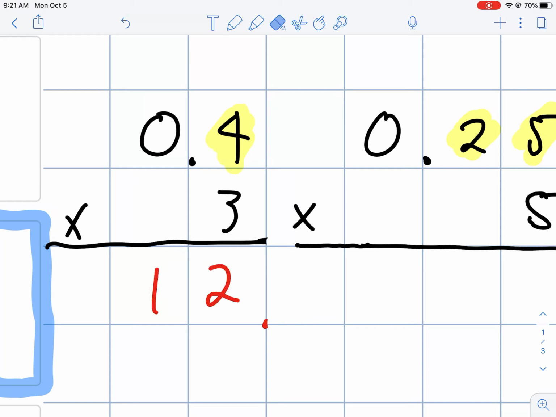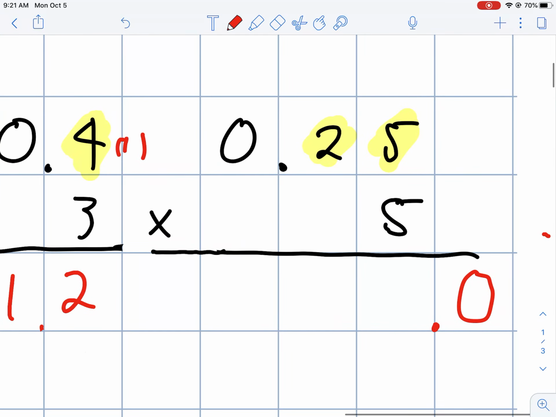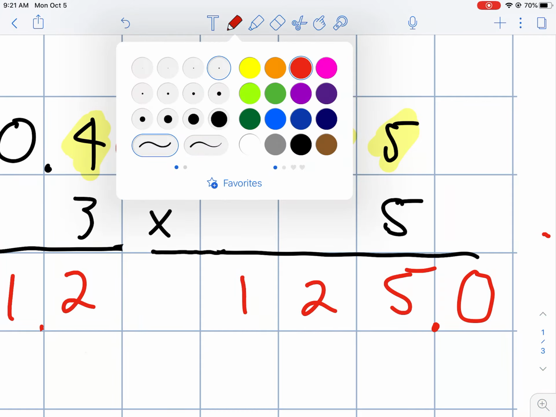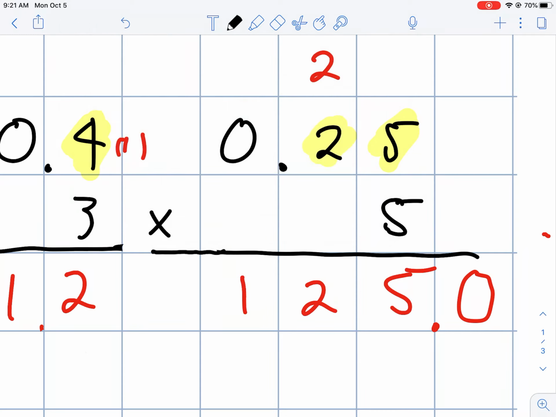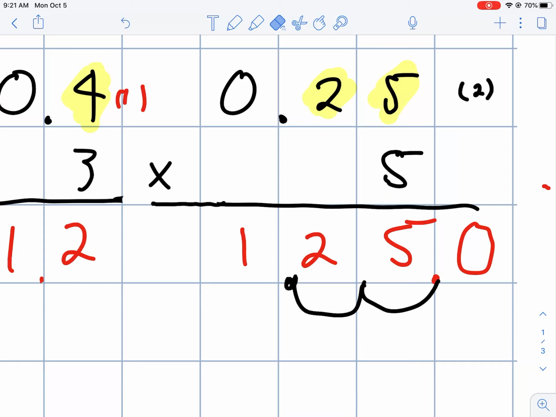But we have 1 digit, so we shift, 1.2. Then 25 times 5 gives 125.0. Now we grab this, and we're going 2 spots, 1, 2. So there we've got 1.250. Don't need that anymore.